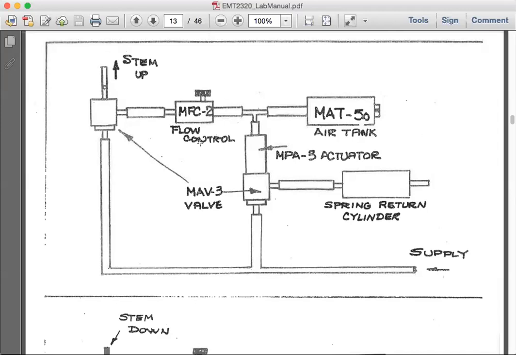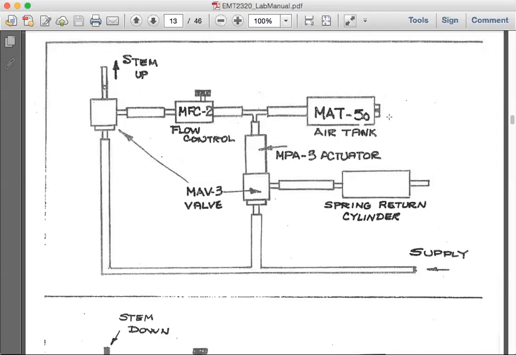For analysis, the pressure with the direction of the arrow on the flow control, in this system from the right to the left, is flowing slowly. But against the direction of the arrow, which in the system is pointing to the left, it's a free flow.